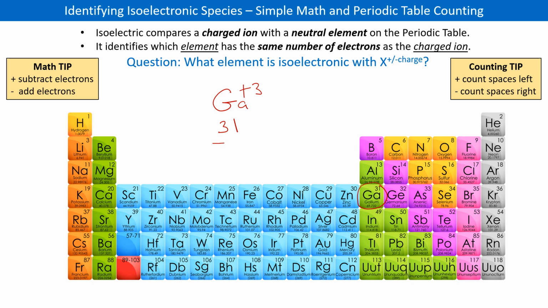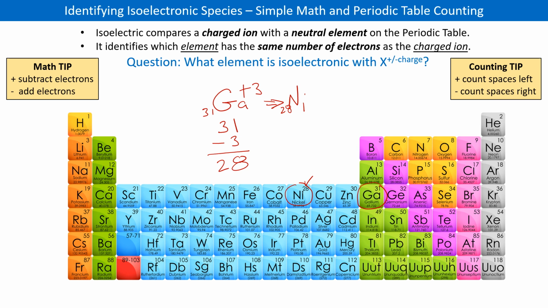So that's minus 3 and minus 3 electrons here, which gives me 28. So I go to the periodic table and I find 28, and 28 corresponds here. Therefore, gallium plus 3 is isoelectronic with nickel.